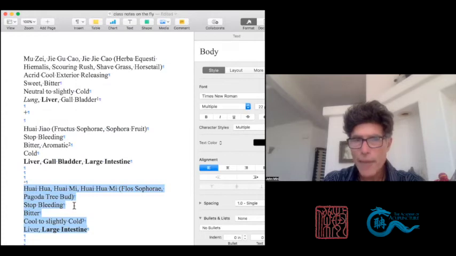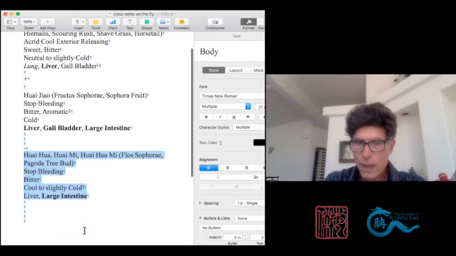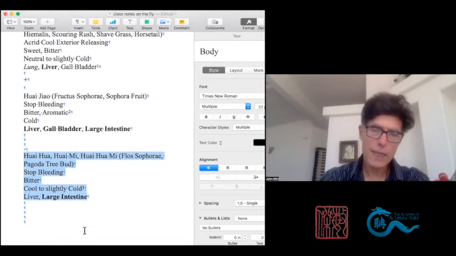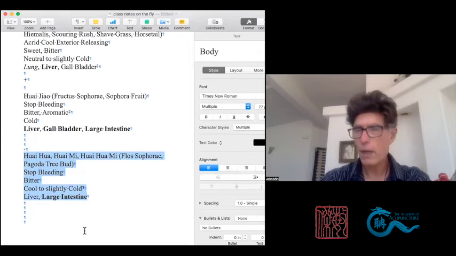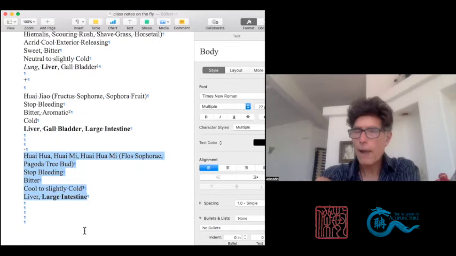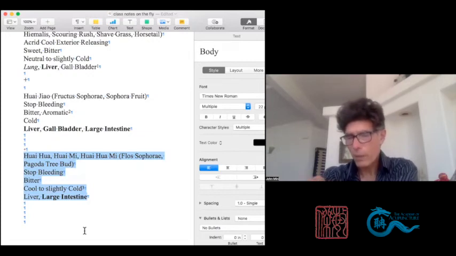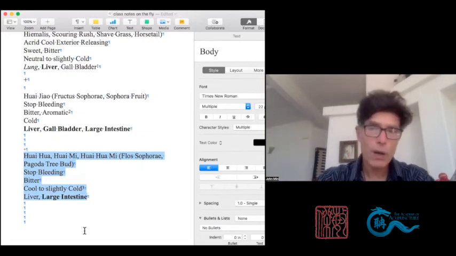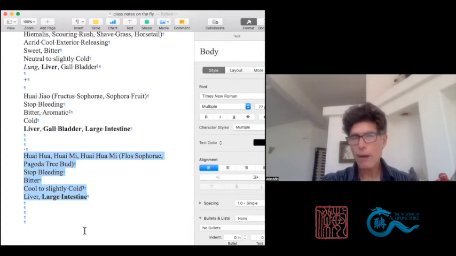So here we would be stacking up the bitterness with that bitterness of the mute. We'd be stacking the liver. And that large intestine is there clearing heat. And then also we're actually focusing on the large intestine itself, which is rare when we're doing this kind of work. But we actually are focusing on what we would call the large intestine itself with both of these herbs.